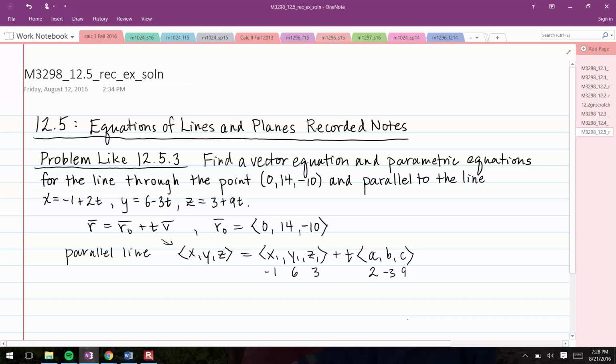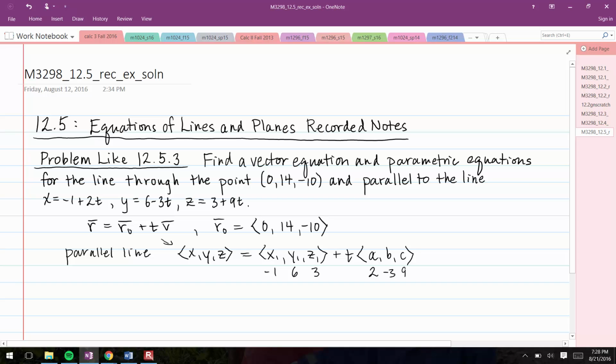So we're going back and forth with this vector equation of a line. For a line parallel to v, that's exactly where v is parallel to our line. So if we're given a line parallel to our line, its v can be the same. We can use the same one because they're parallel.